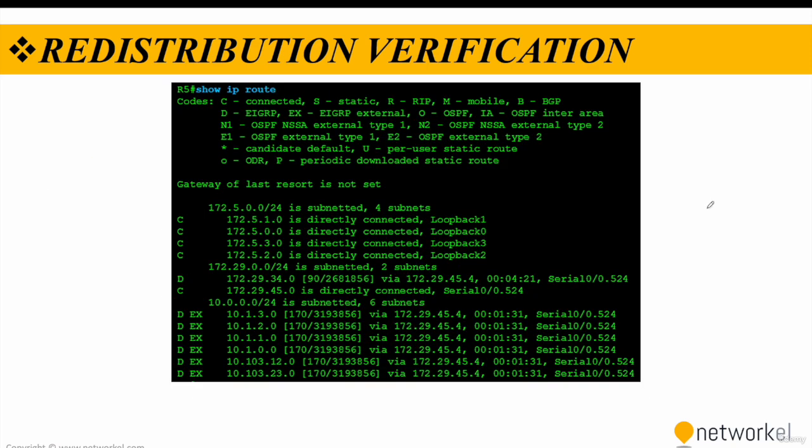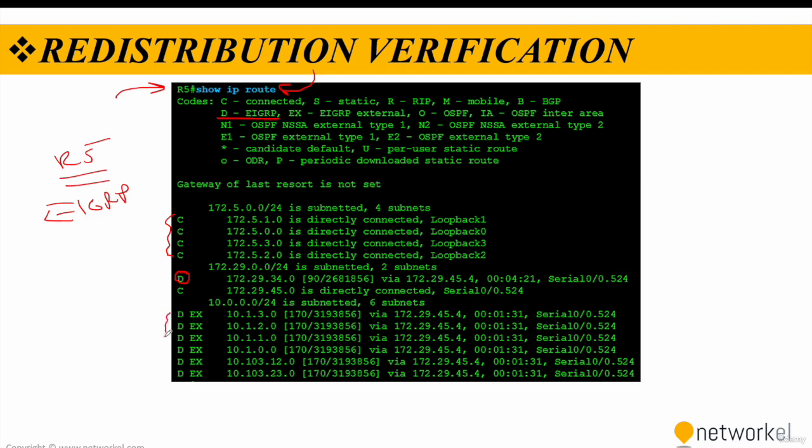On the other hand, if I want to verify the routes for router 5, which, by the way, is the router in my EIGRP domain, again I type show ip route. This time I am seeing the C routes as well as one D route. A D route means this route is learned via EIGRP, which is perfectly fine since this router is in the EIGRP domain.